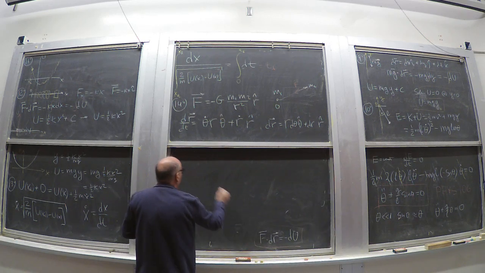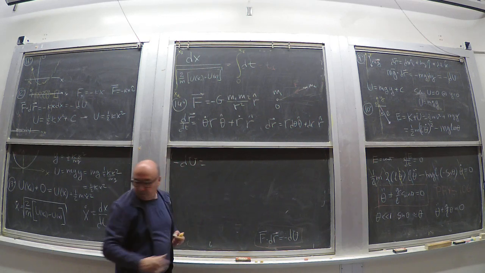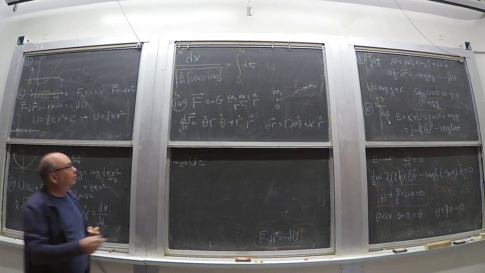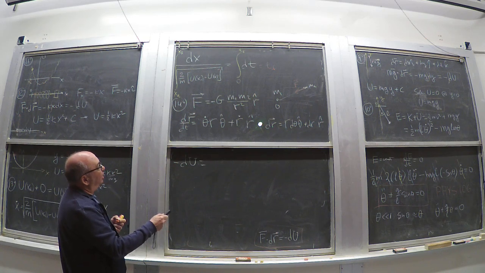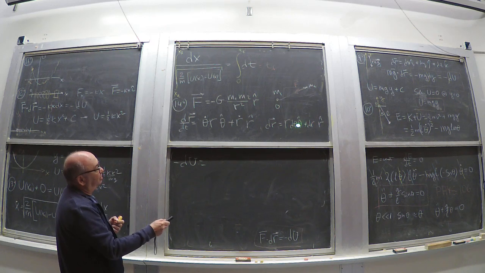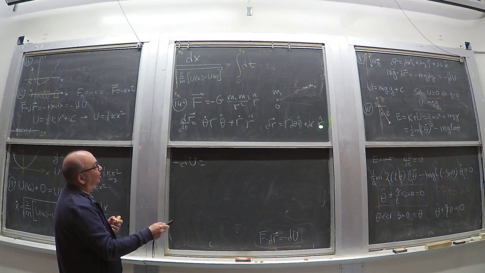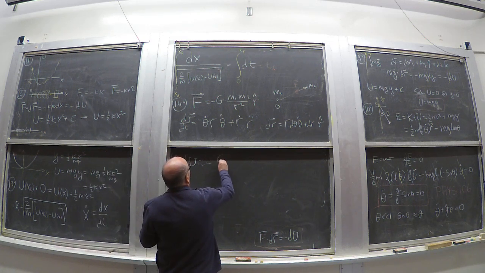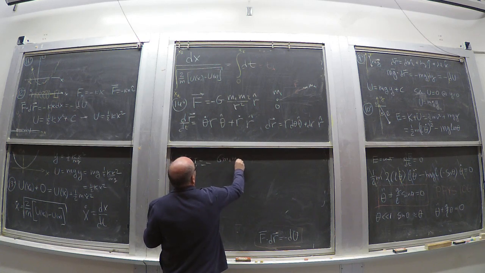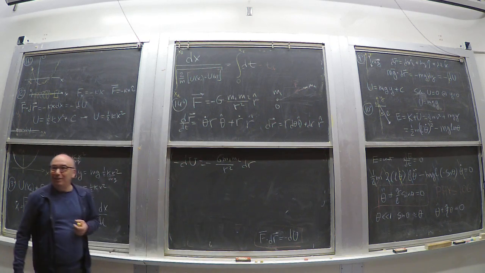We do F dot dr, so negative dU is equal. So we do F, and we multiply by dr. What is r hat dot theta hat? 0. Awesome. What is r hat dot r hat? 1. Amazing. So this is equal to negative G m1 m2 over r squared times 1 and times dr. Look at this beauty.